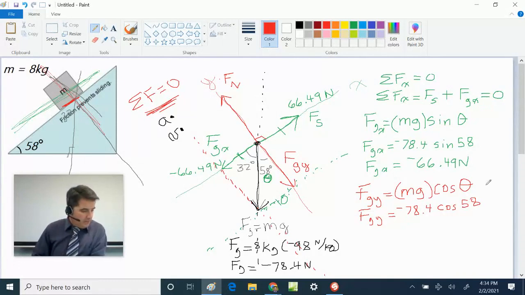Did I do that already in my notes? I did. And so that will give us FGY is equal to negative 60. No, that was negative 41. Negative 41.55 newtons. And that's FGY.